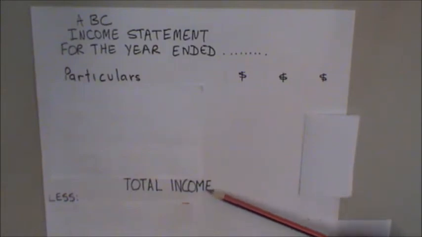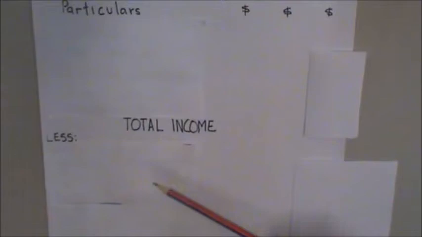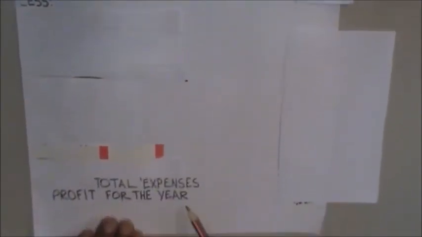As you can see, it's total income, and from the total income, we're going to take away our total expenses, which will give us the profit for the year.